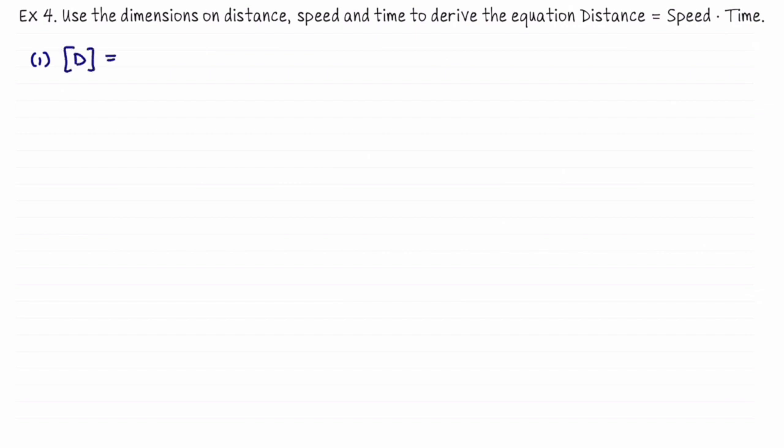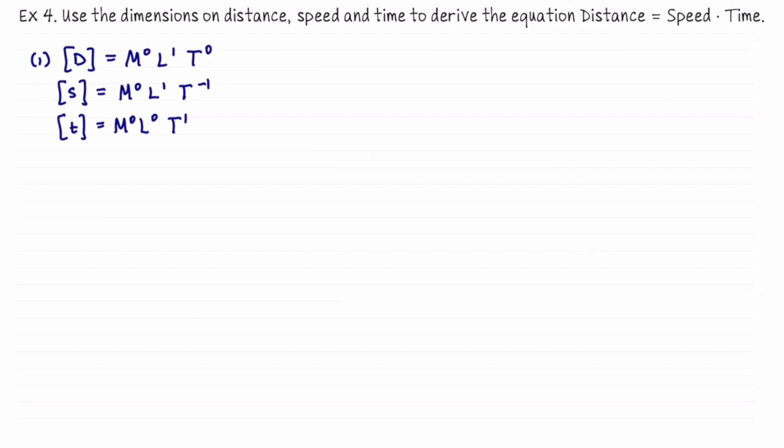Distance is a length measurement, so that's m to the 0, l to the 1, t to the 0. Speed is like meters per second, a length divided by time, so that's m to the 0, l to the 1, t to the negative 1. And then time, of course, is time.